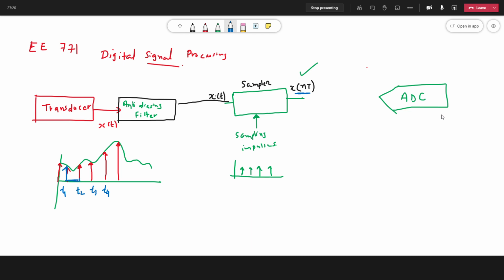Say the conversion time is 0.1 millisecond. So the impulse available at 1 millisecond should be held for at least the next 0.1 millisecond, up till 1.1 millisecond.